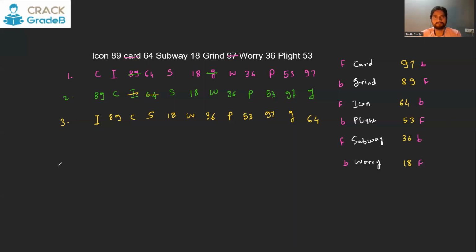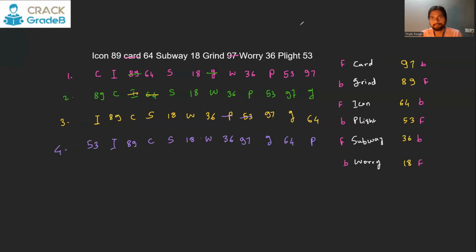Next, in the fourth step, plight goes in the back and 53 comes in front. The remaining stay as they are: I, 89, C, S, 18, W, 36, 97, G, 64.